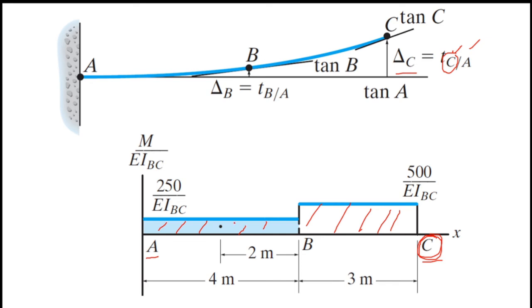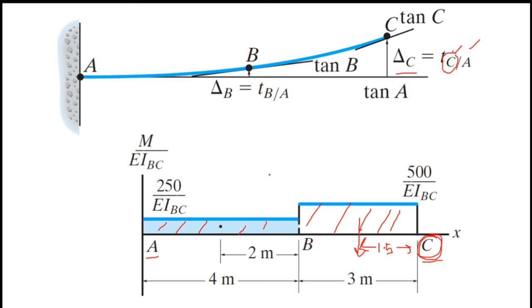This is a rectangle, as I told you before, and this is also a rectangle and a symmetric one. The centroid of this rectangle lies in the middle of the rectangle. So BC length is 3 meters, half of 3 is 1.5 meters. So this length is 1.5 meters.